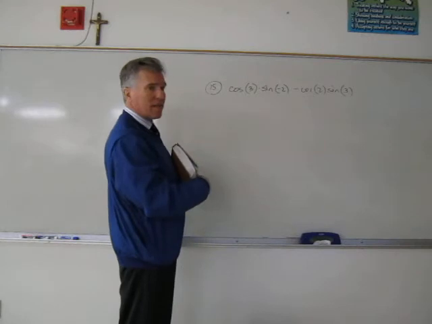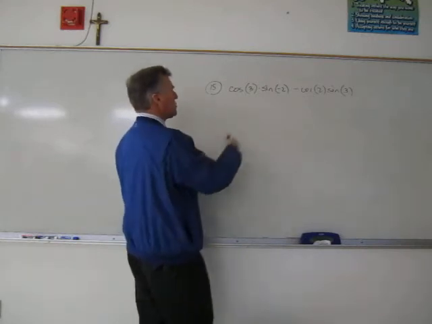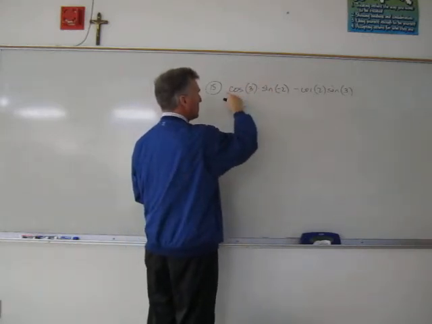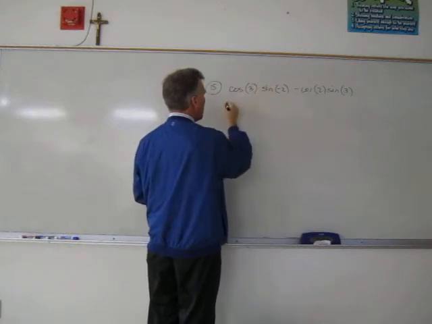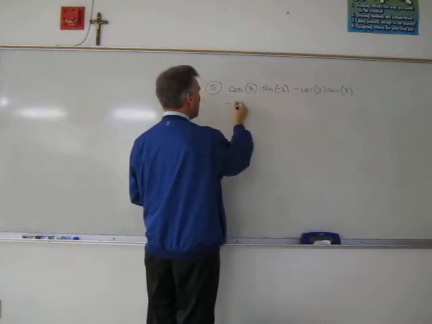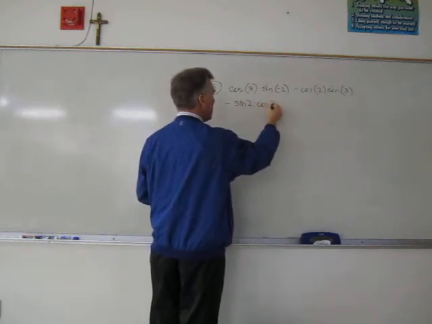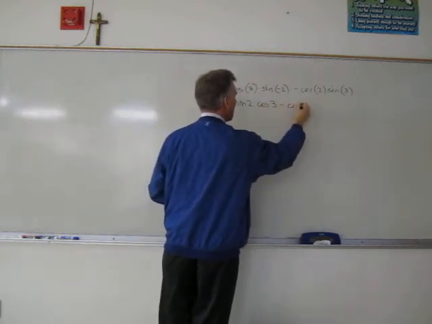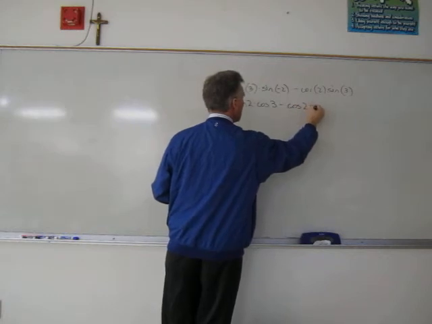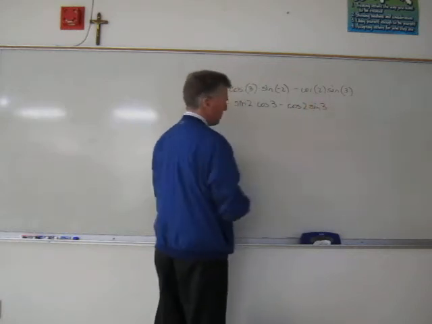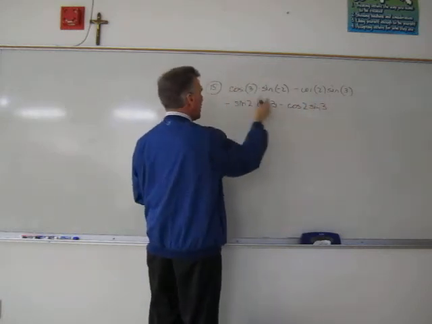Well, a couple different ways I could do that. Let's take the negative sign out of here. If I do that, I get minus sine 2 cosine 3 minus cosine 2 sine 3. Now I've got a negative and a negative.